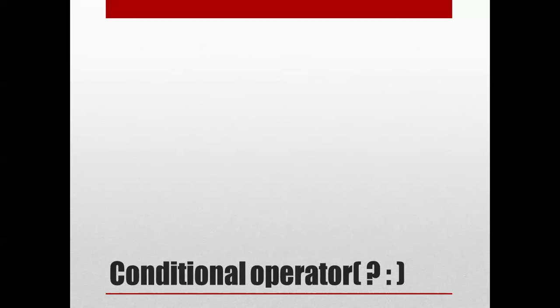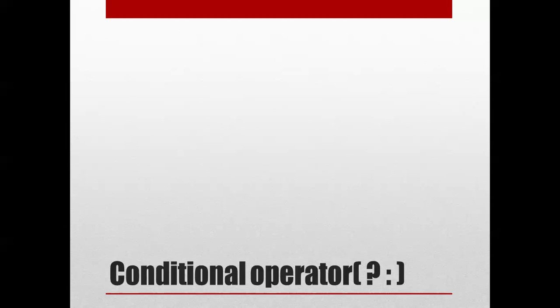Okay, so there's also another operator called the conditional operator. That's a question mark and a colon. Most people don't like to use it when they start programming, but once you grasp the concept of it, it becomes really useful. It's a shorthand form of asking if then else.